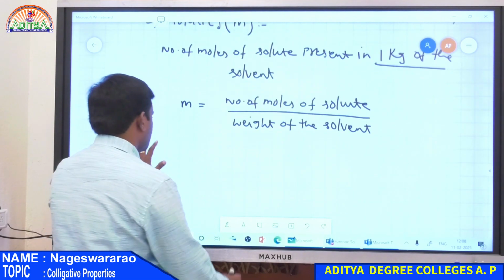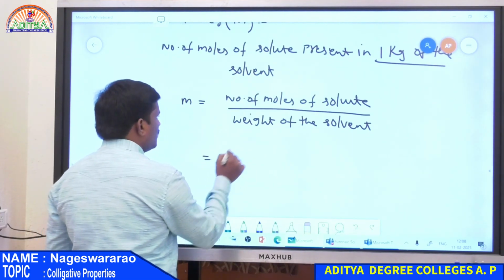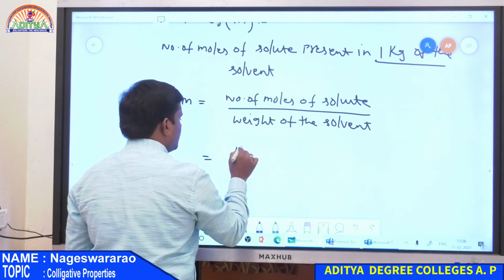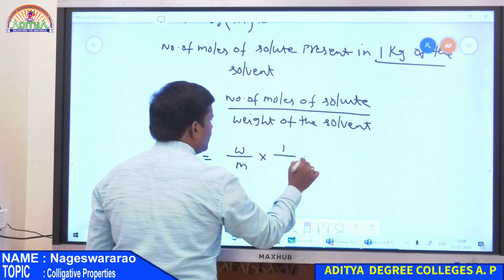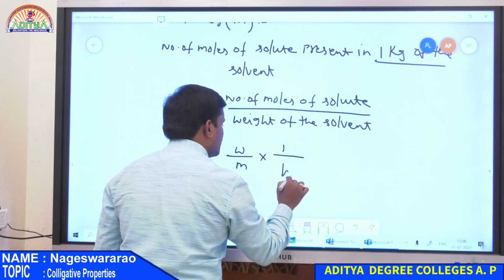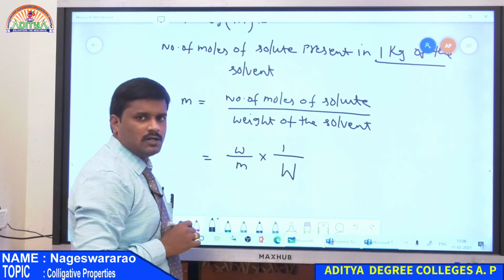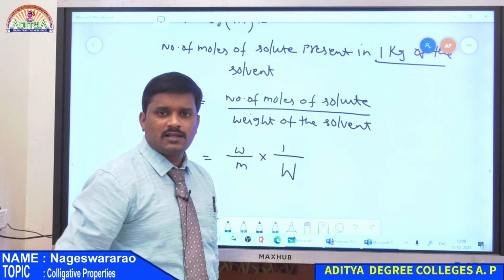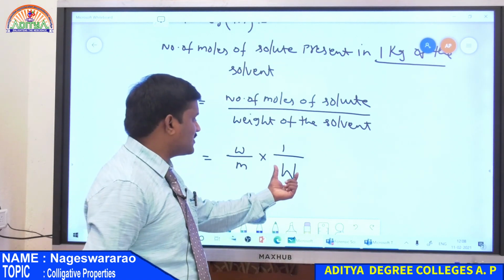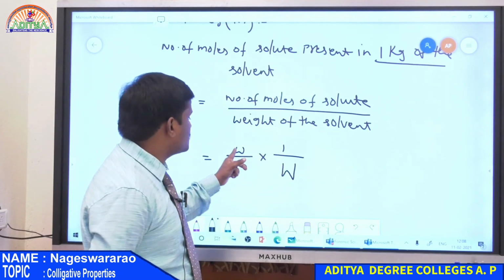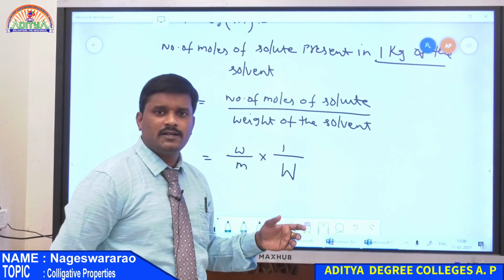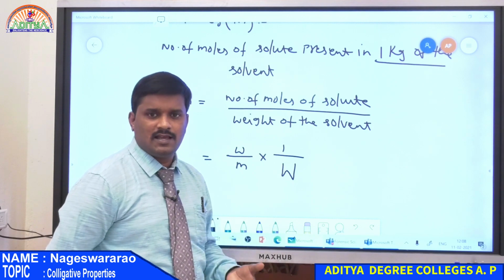Therefore this is equal to the number of moles, that is again given by weight by molecular weight, into 1 by the weight of the solvent, that is always capital W, because the solvent is always greater than the solute. So this is a large quantity, hence it is denoted by a capital letter, whereas small w represents the weight of the solute, so that is always less.